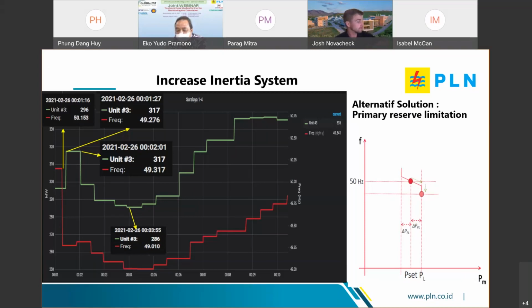The generation load decreased, but the system only went down to 49 hertz, and then the system went into restoration after the fault. This is good, because we lost 1,500 megawatt and the system is still good.